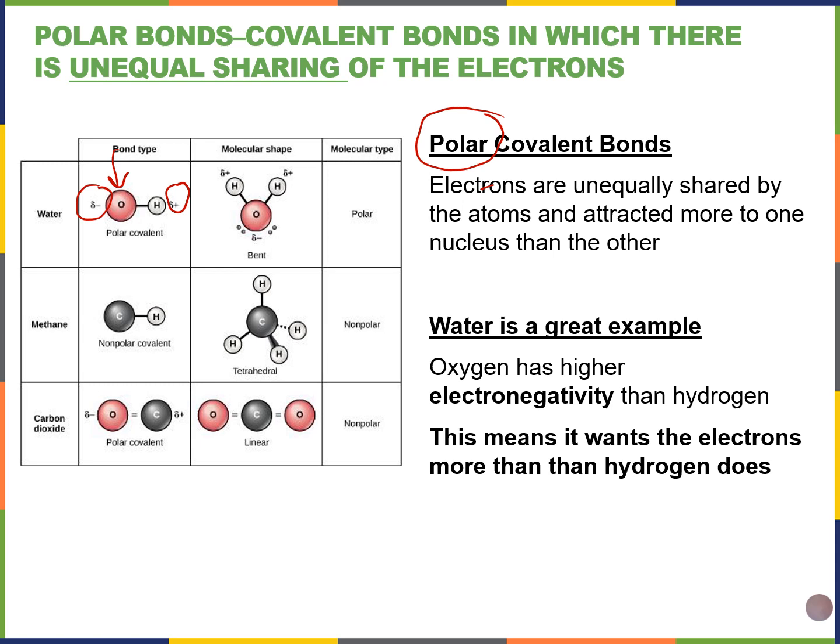These are the lowercase Greek delta symbols scattered throughout the images here, and they represent partial charge. Partially negative, partially positive, compared to full positive or negative charges.